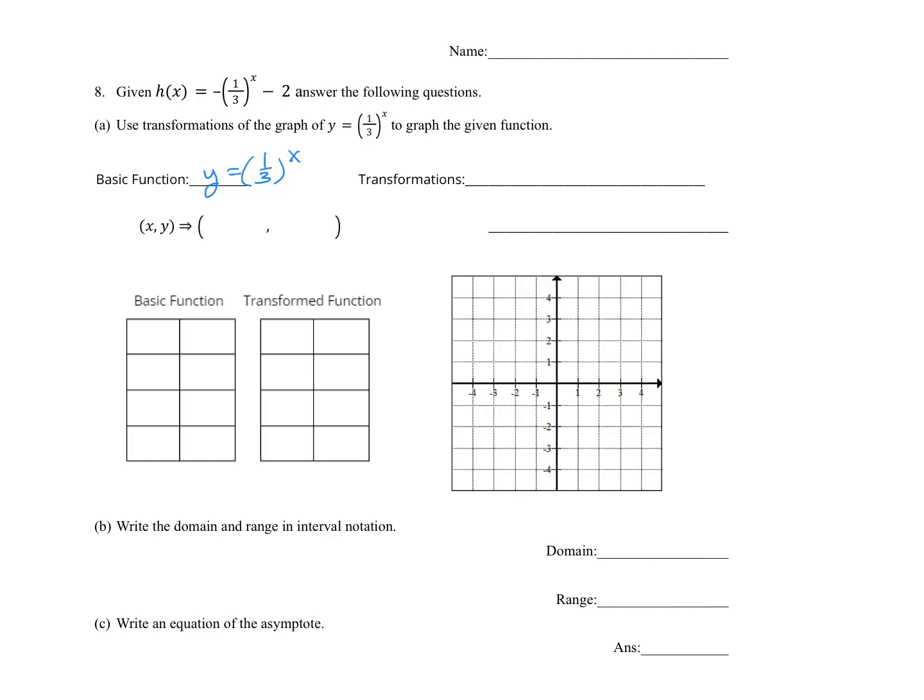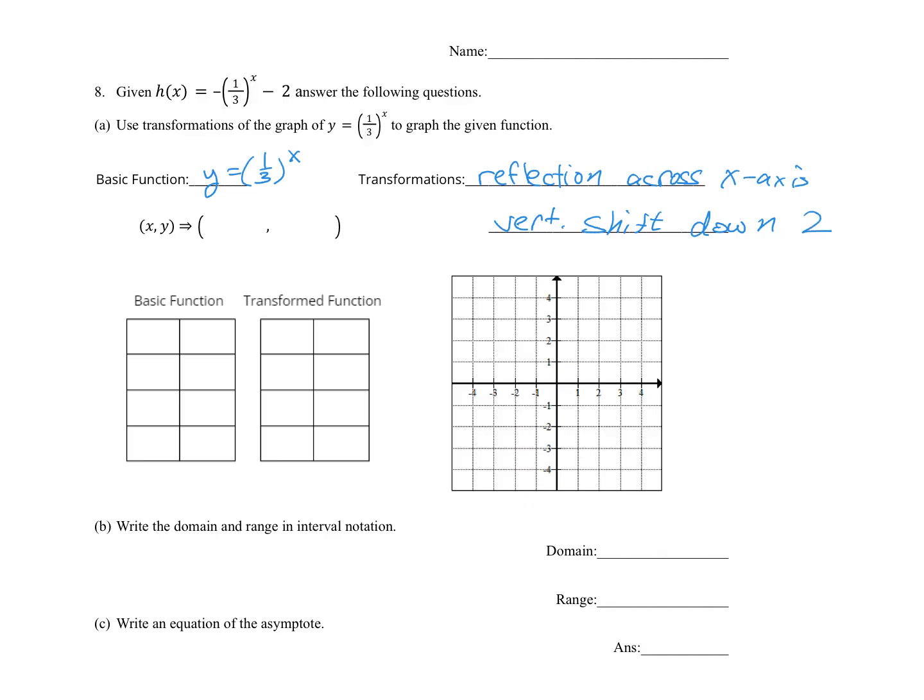Having that negative in front of the function is going to reflect it over the x-axis. So this is a reflection across the x-axis. And then subtracting 2 is going to vertically shift down 2 places. So we have a vertical shift down 2 places.